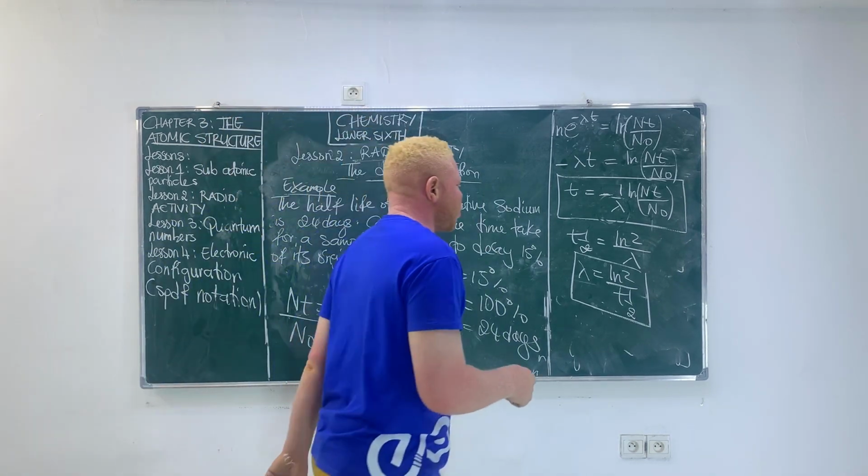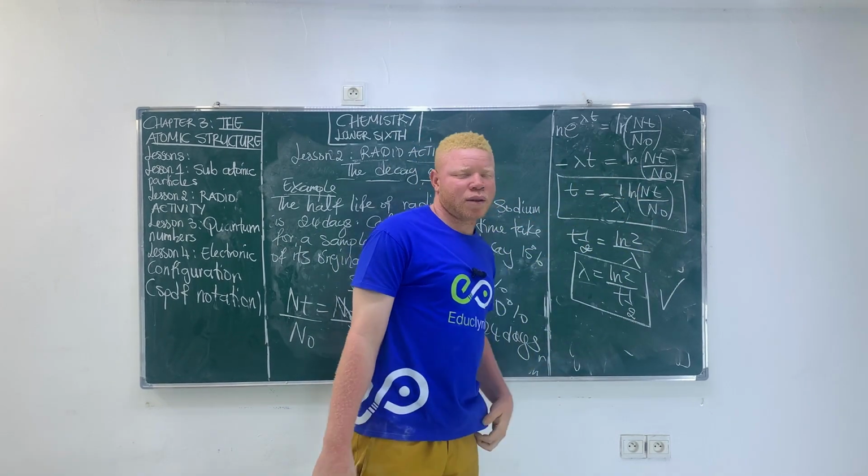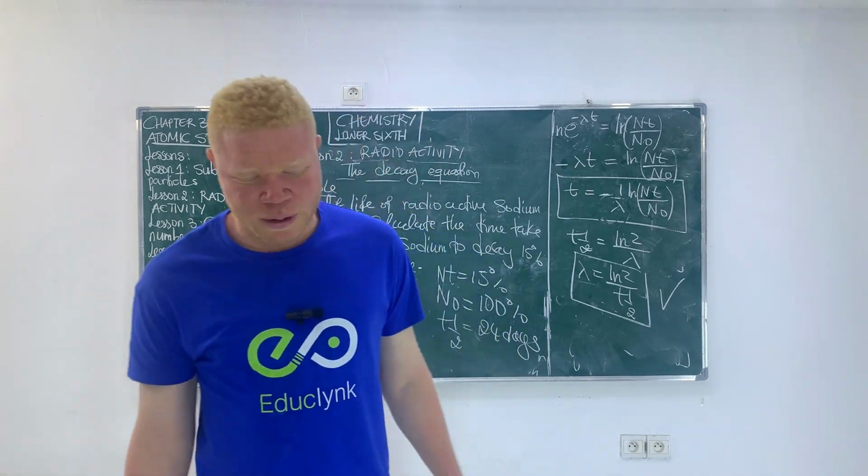Those are the ingredients that have been given to us. So we'll first of all have to look for lambda. After looking for lambda, we'll replace lambda in this equation. So let's look for lambda.